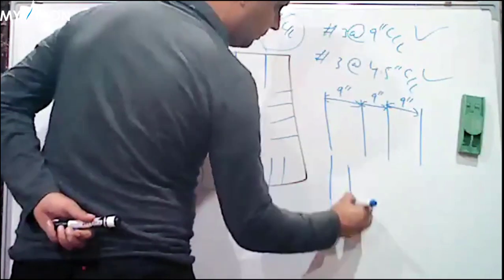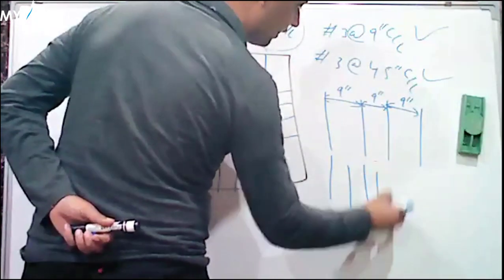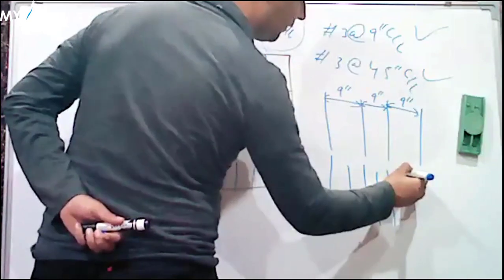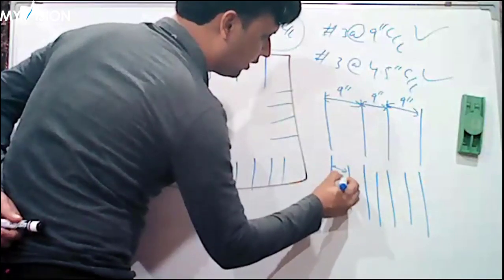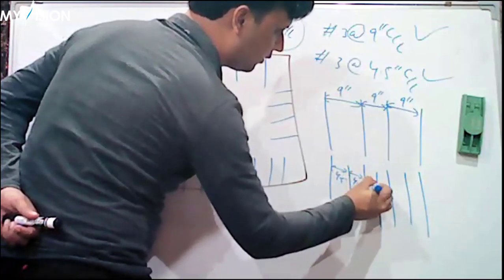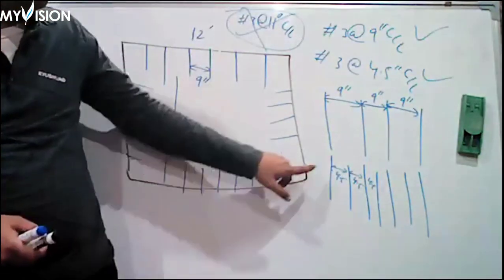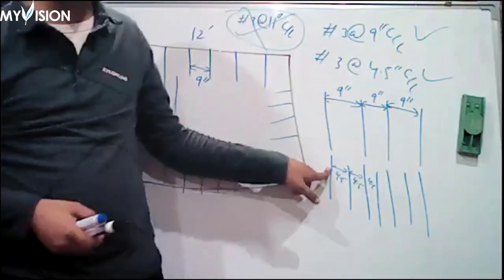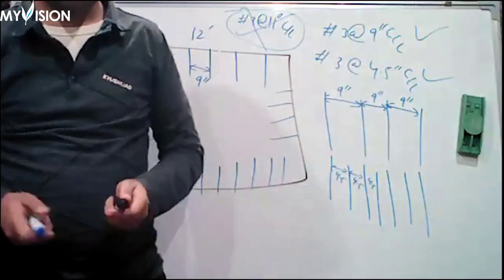One steel, second steel will be in the center, then fourth, and again center, then fifth, then again center, then the next steel. This is 4.5, 4.5, 4.5 like that. It means after each steel, another steel can overlay.